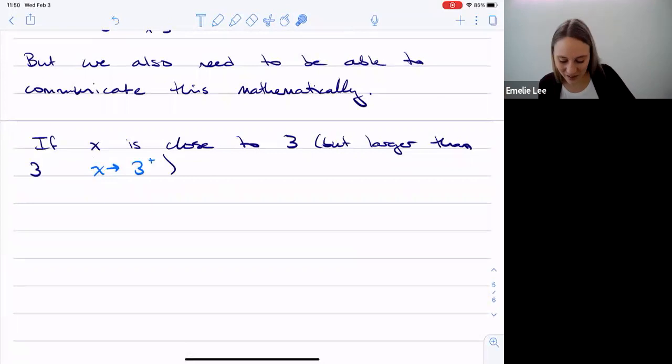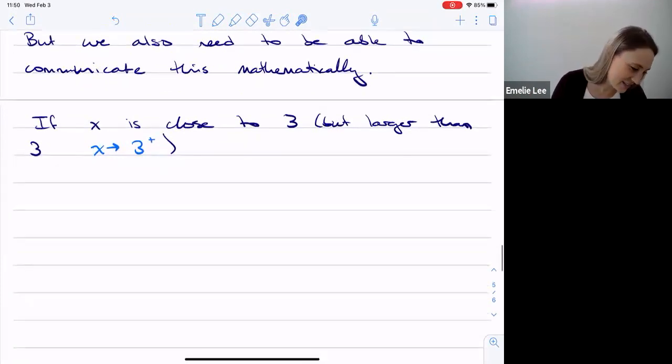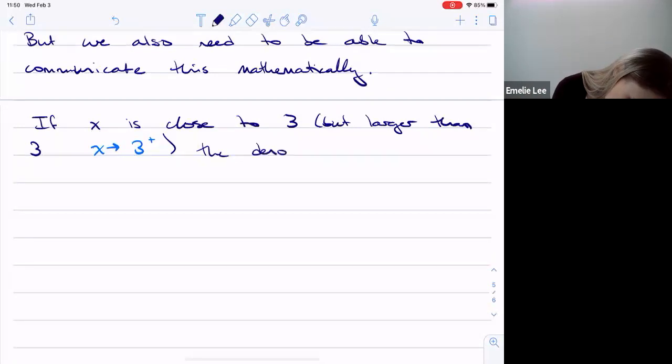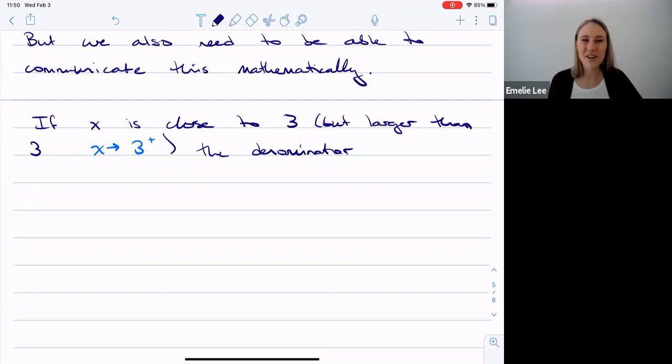So if x is close to 3 but larger than 3, so if x is approaching 3 from the right, the denominator, and remember, it's the numerator over the denominator in a fraction.